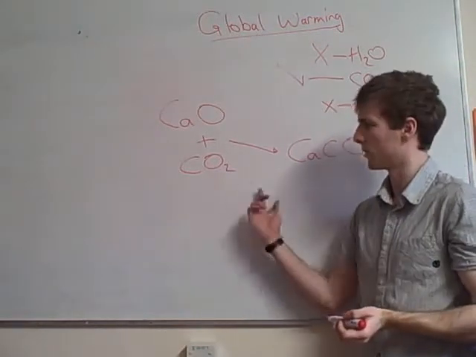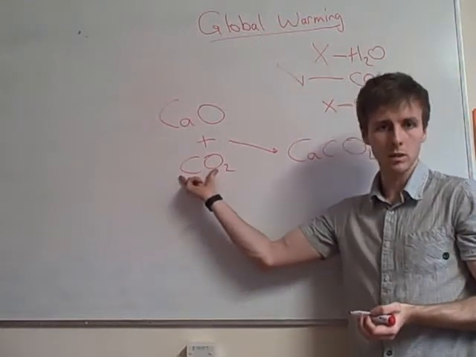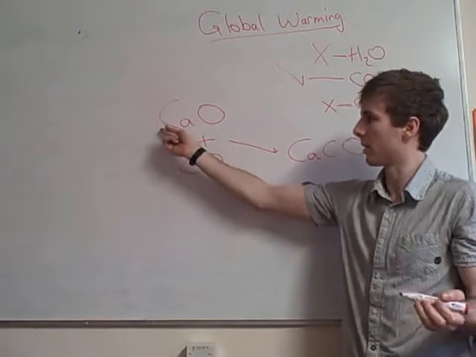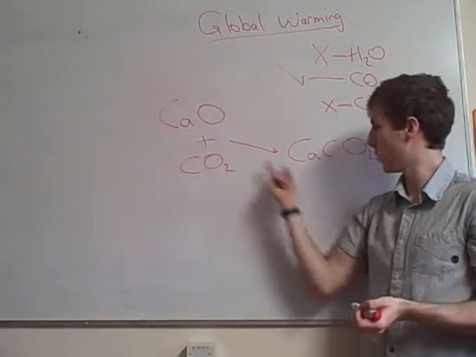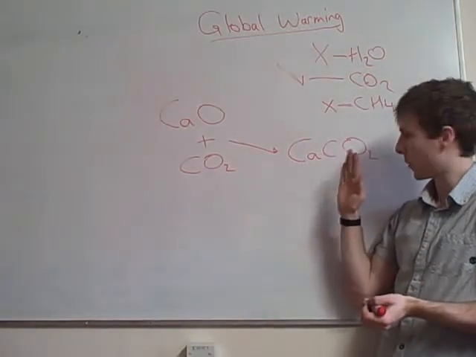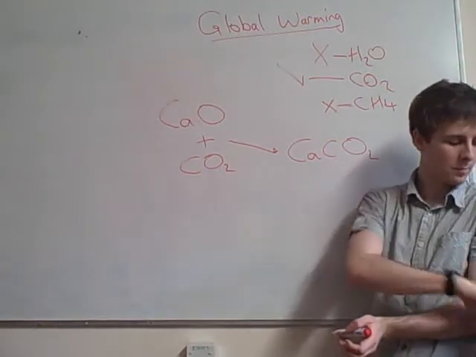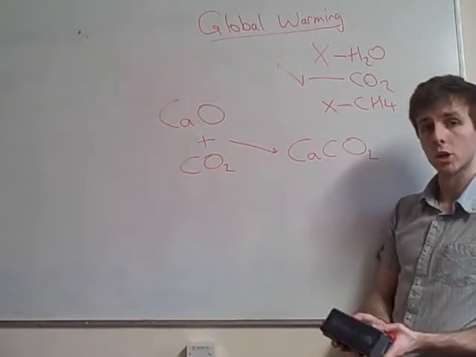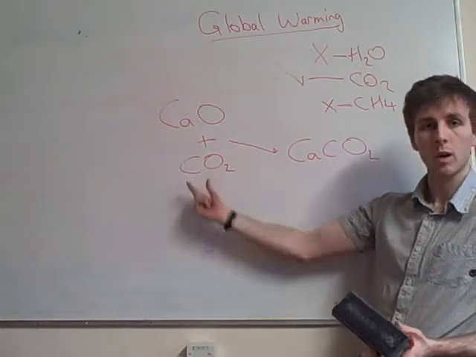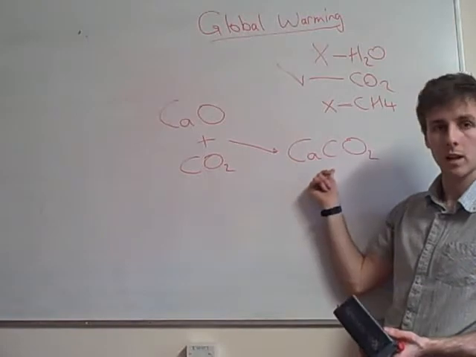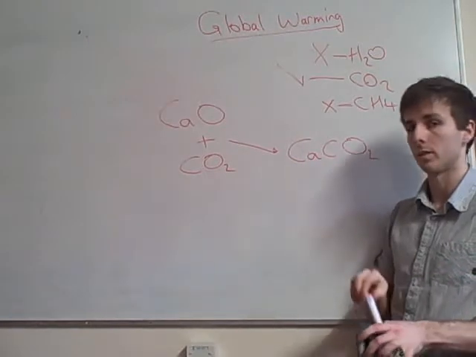So essentially what we've done, if we trap our CO2 and force it to react with calcium oxide, or for example magnesium oxide, we will get a metal carbonate. So we've trapped the carbon dioxide, and that's one way we can do it. And that's really good because not only does it help us because it stops global warming, but the people who do this can then sell that limestone, so everyone's quids in.